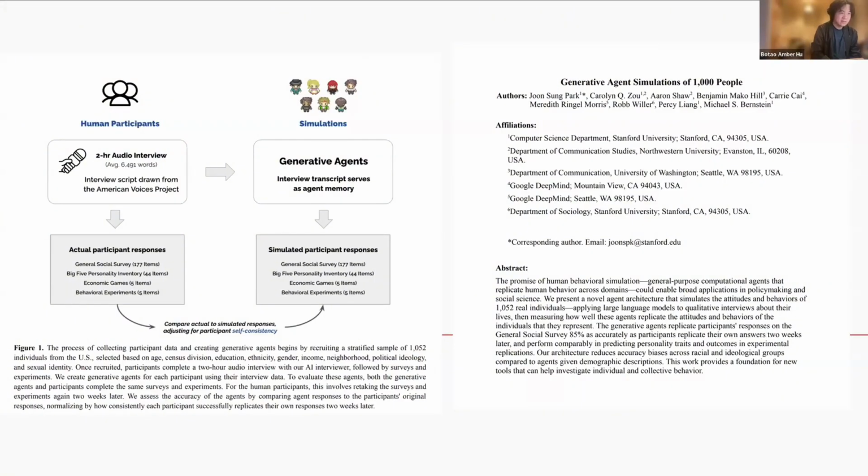Basically, they hired 1,000 real people, interviewed them for 2 hours, and put their interview audio into the agent, and the agent can now represent them. They can answer social surveys, and it turns out the result is 85% accuracy compared to what the original people answered, on standard social surveys.